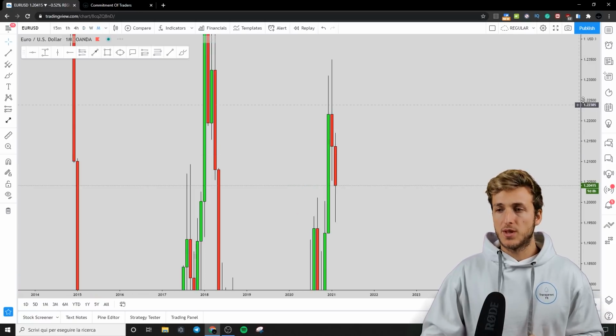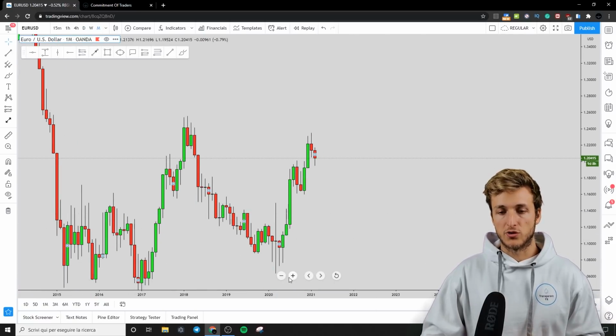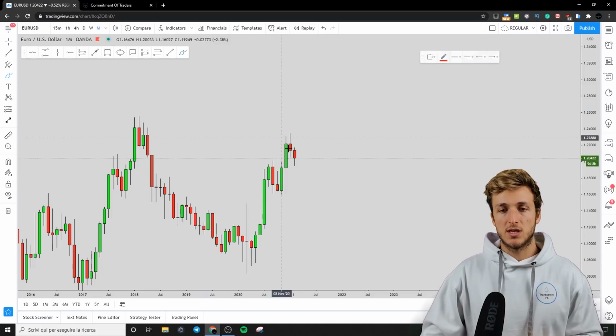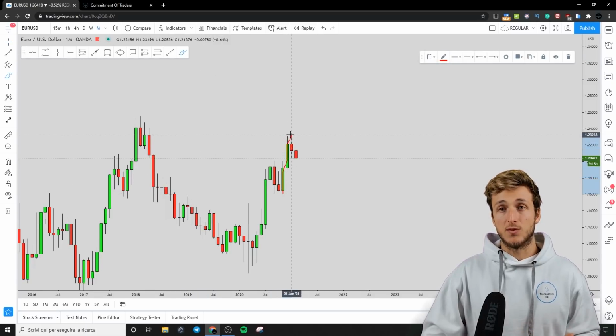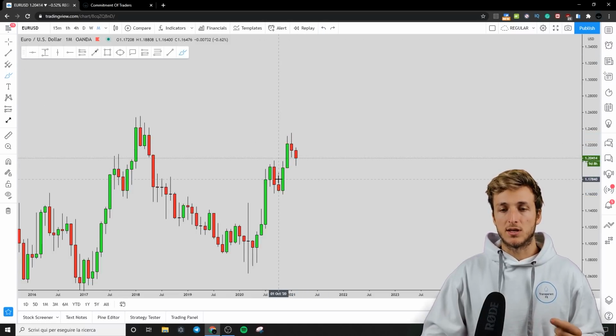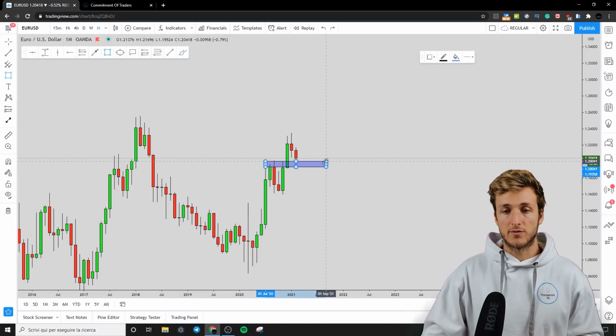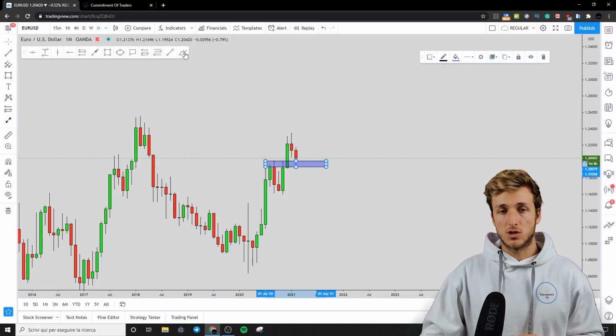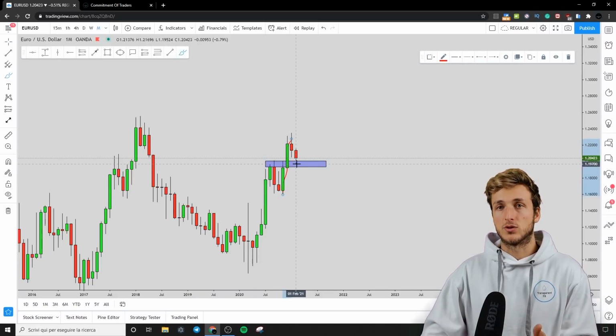Now, starting here from the monthly time frame, what do we have? Here on the monthly, we can see that EUR/USD has first created a very strong impulse to the upside, creating a higher high, and then it has started a retracement. Generally speaking, a high in the market is a strong resistance area. However, when a resistance zone is broken to the upside, the previous resistance turns into support.